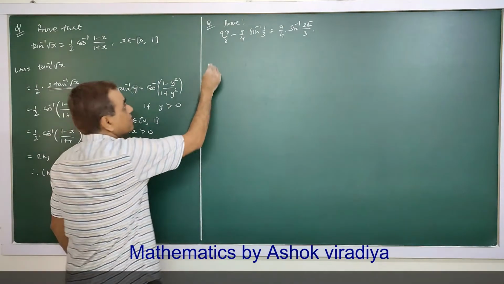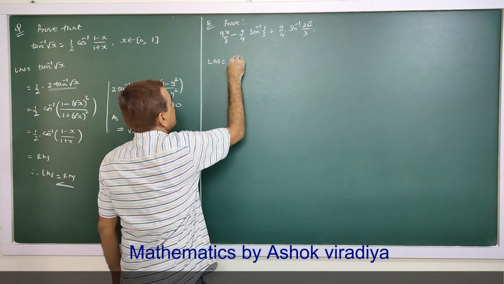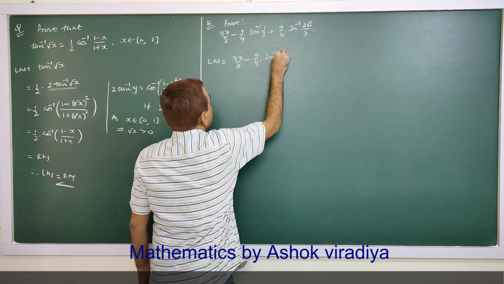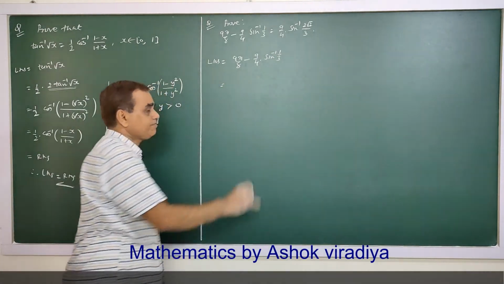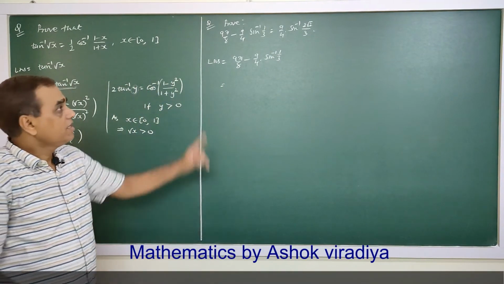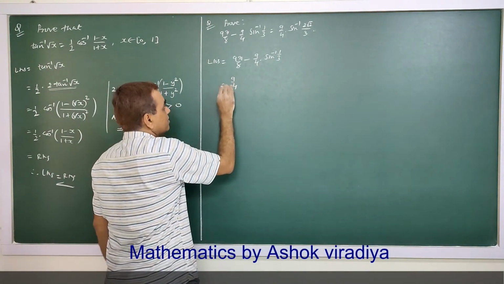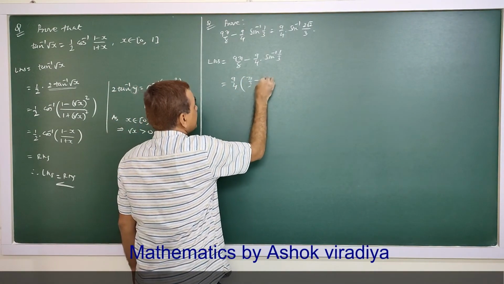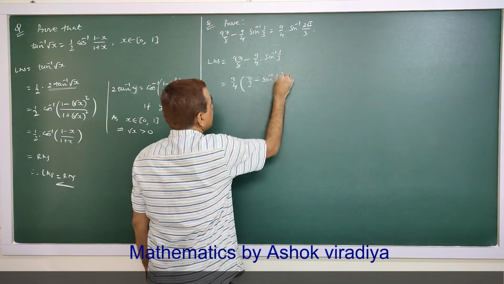In this question, beginning from the left hand side, 9 pi by 8 minus 9 by 4 sine inverse 1 by 3. Say 9 by 4 is common. 9 by 4 common, so what is left? Pi by 2 minus sine inverse 1 by 3.